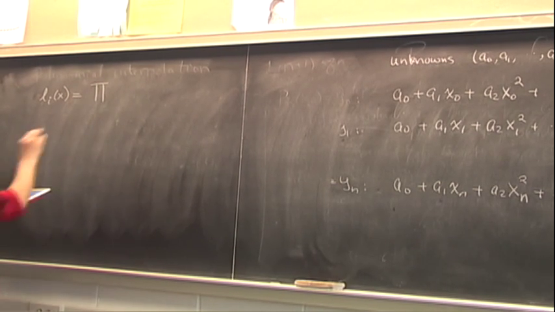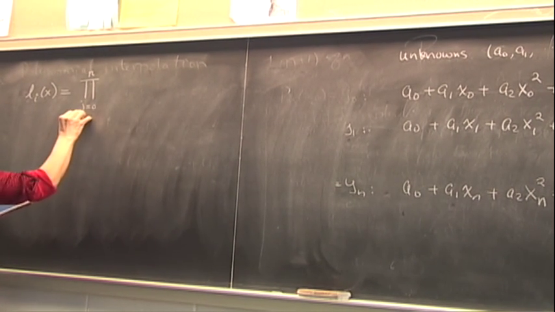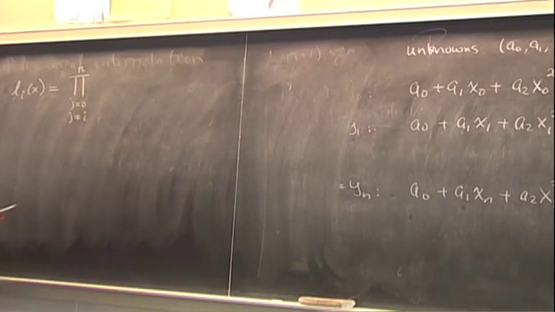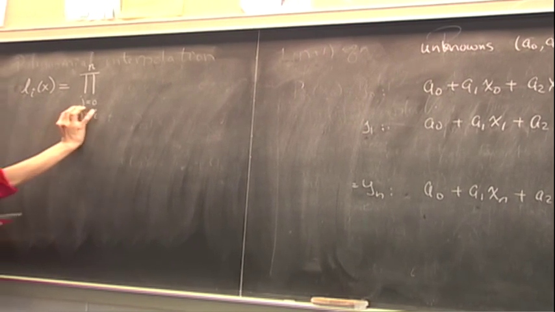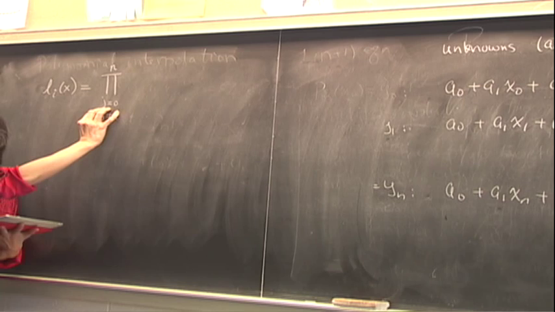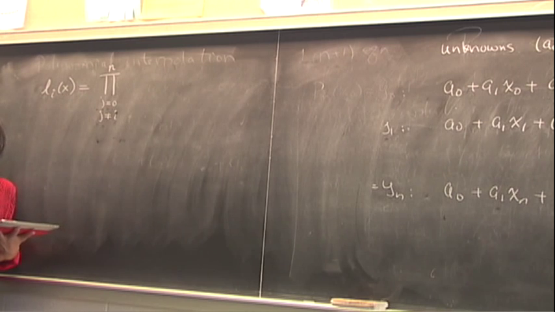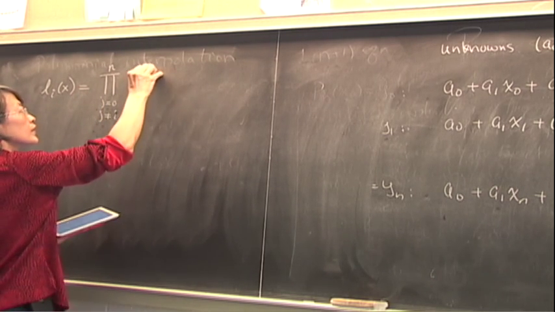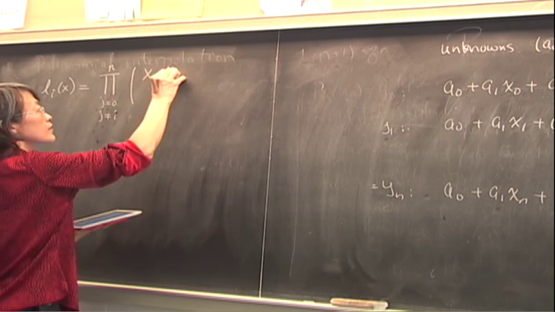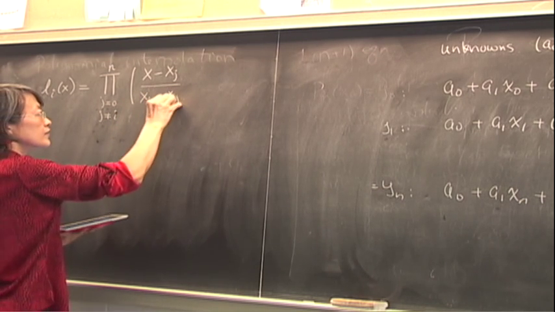It's a product for j from 0 to n, with j not equal to i. How many terms will I have here? If you run from 0 to n, there are n plus 1 terms, and then I take away 1 term. So there are n terms being multiplied. Each term is a linear polynomial, which gives me a polynomial of degree n. Each term takes the following form: x minus xj over xi minus xj.